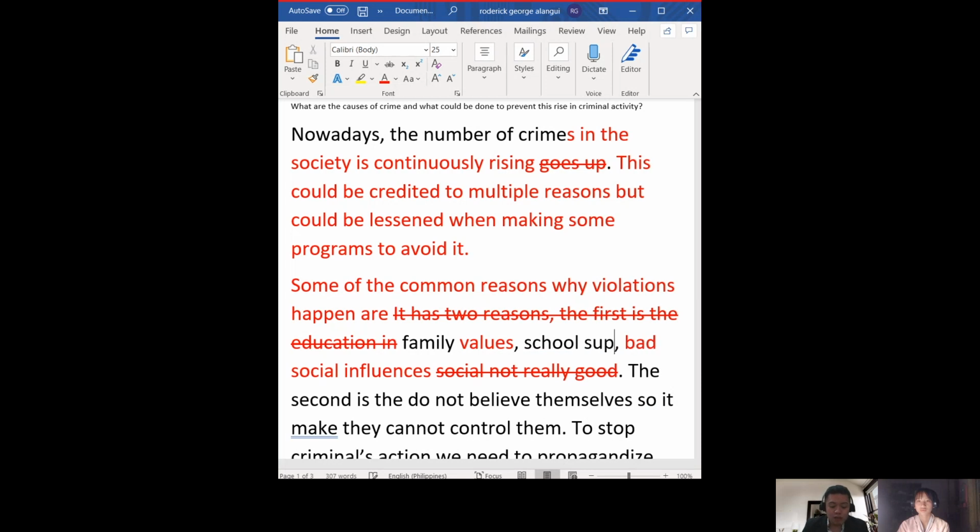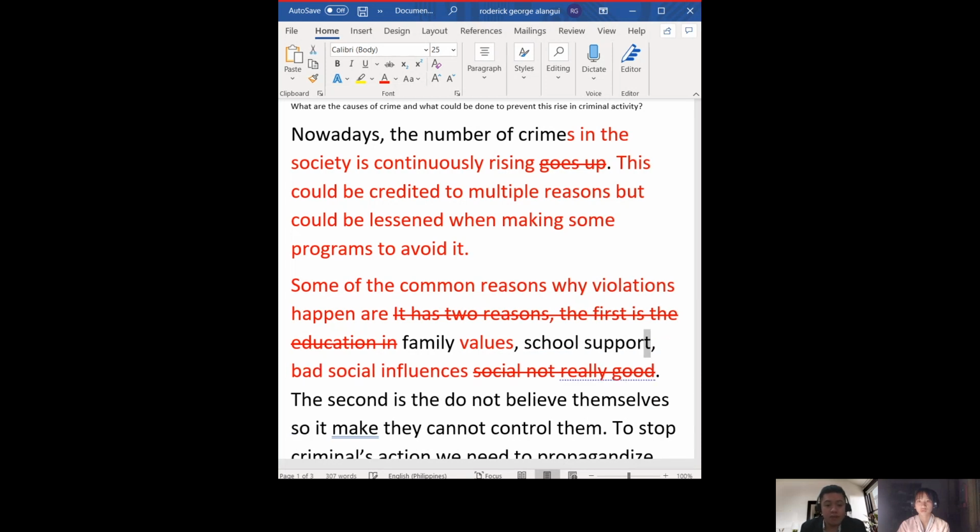School support. And social influences. So it means the society, right?